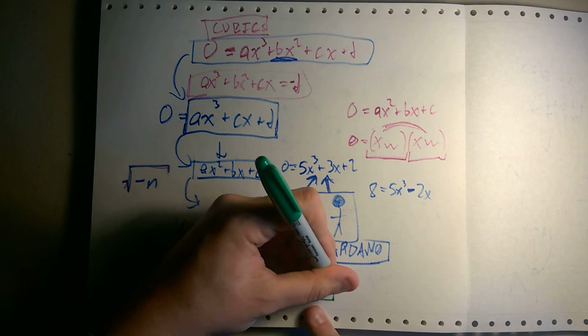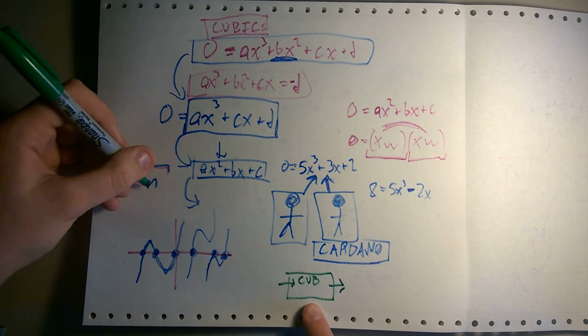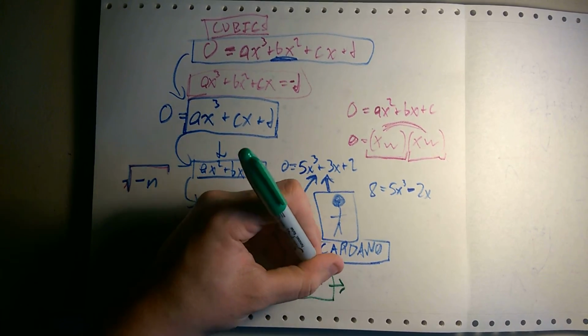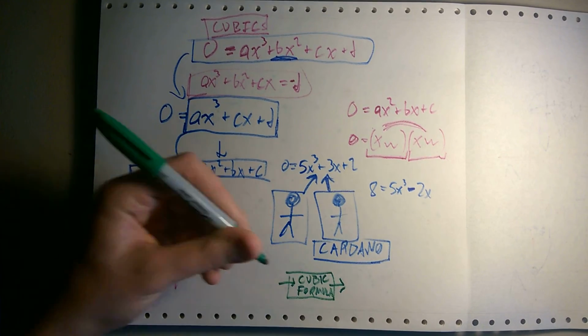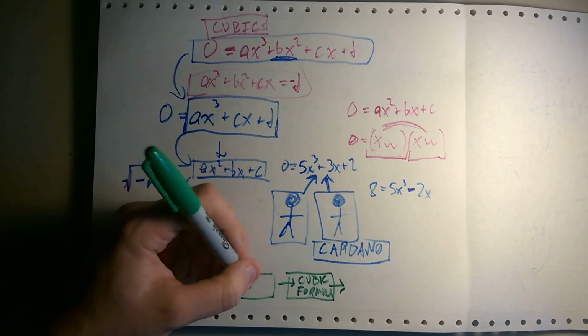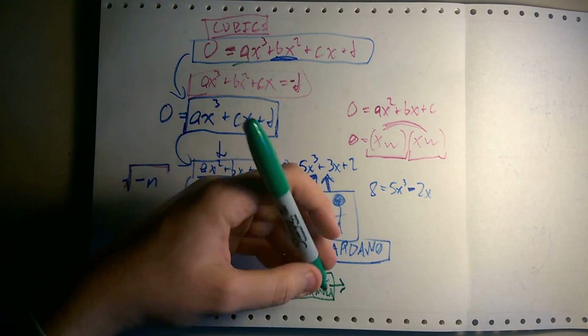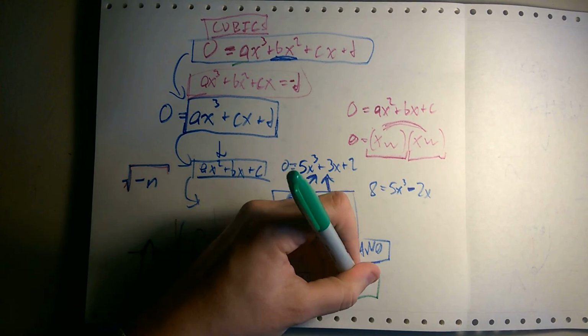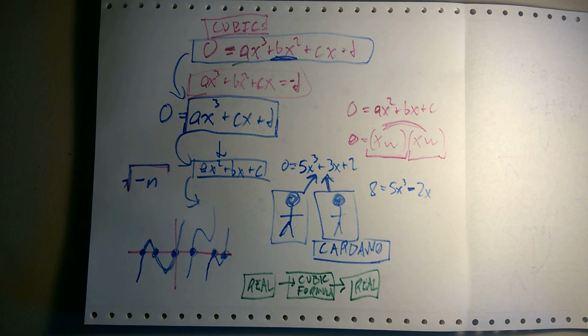You're going through this cubic formula, which deals in all these square roots of negatives and all this crazy stuff, but you start with the real idea, this real formula, all real numbers, and you solve it so you get a real number out. But the only way that works is dealing with square roots of negatives and such, even if they cancel out in the long run. So this is bizarre.